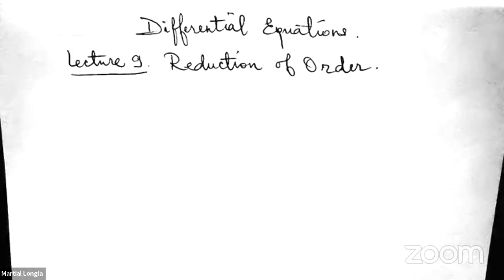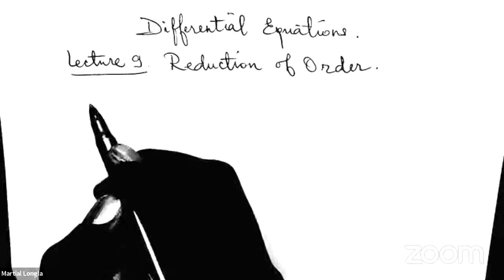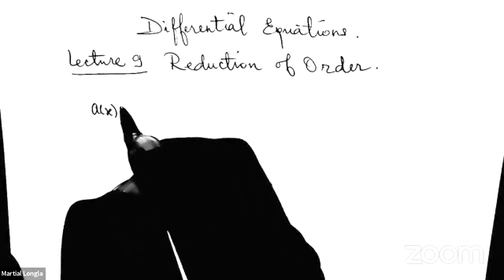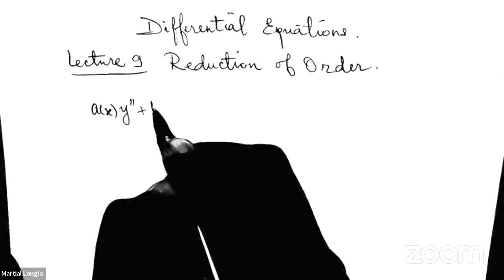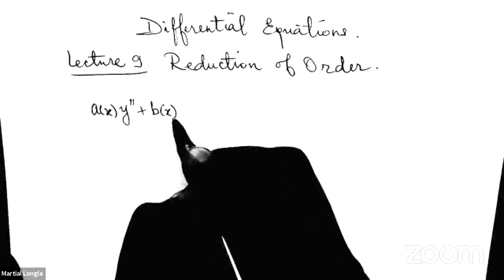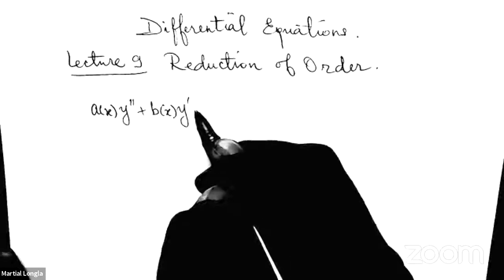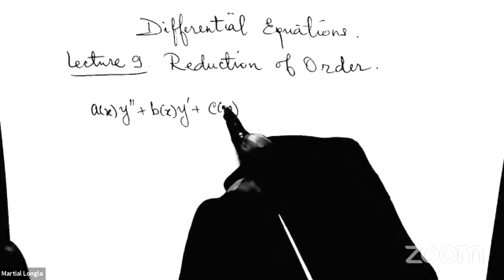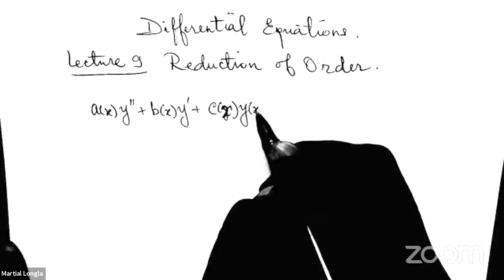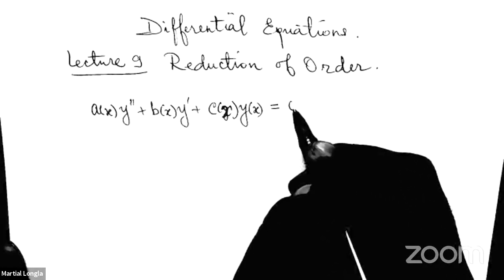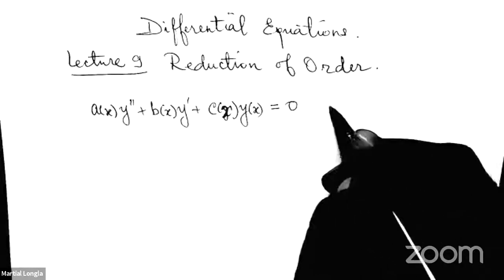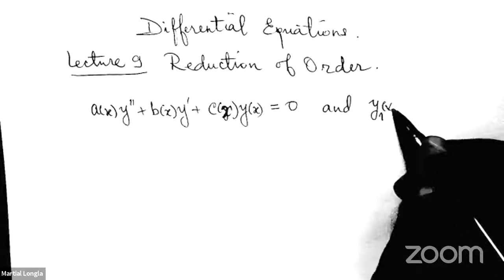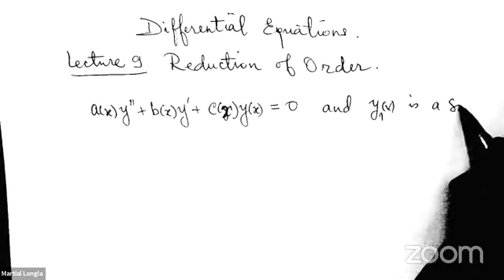If, for instance, we have an equation of the form a of x times the second derivative plus b of x times the first derivative plus c of x times the function equals 0, and y1 of x is a solution.